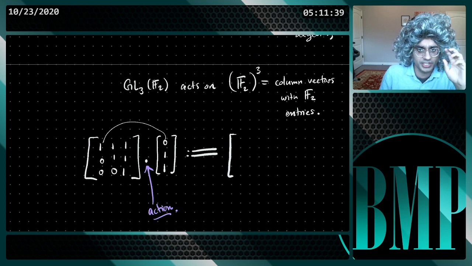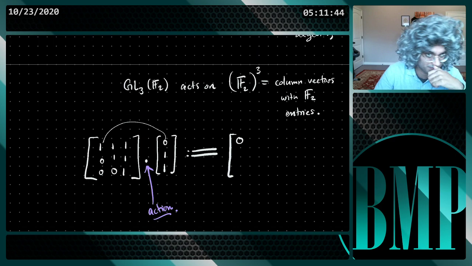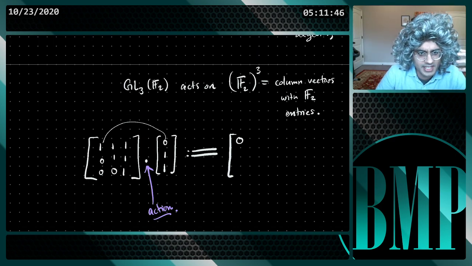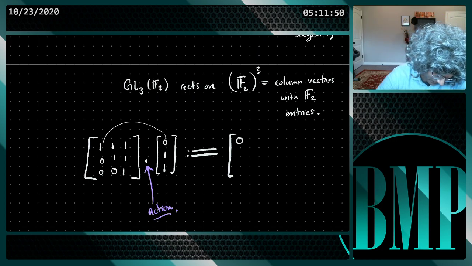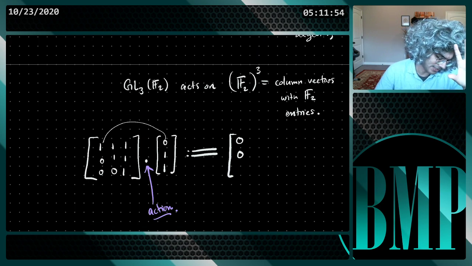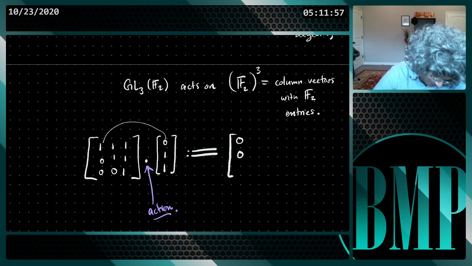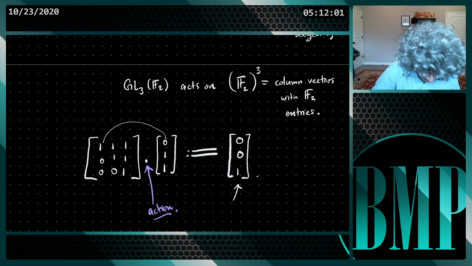That's 1 plus 1, which is 0. What's the next one? Also 0. And then what's the last one? 1. There, that's the output.